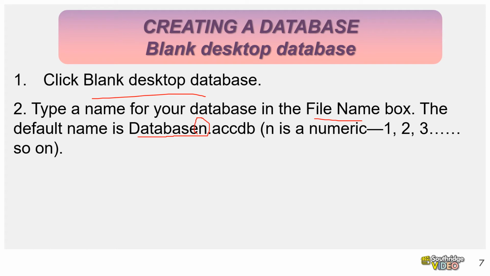In the previous case I showed you, it is written as Database 4, with the extension .accdb, which stands for Access database. Maybe if you are opening the fourth database, it shows Database 4. So this is the default. If you want to give another name, you can. In the last case we gave Grade 8 students details. So give the file name.